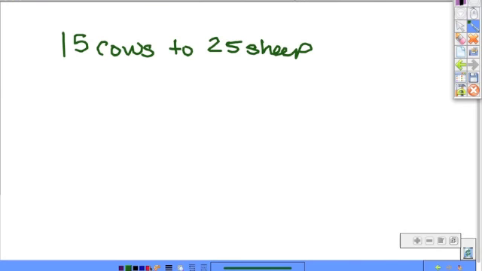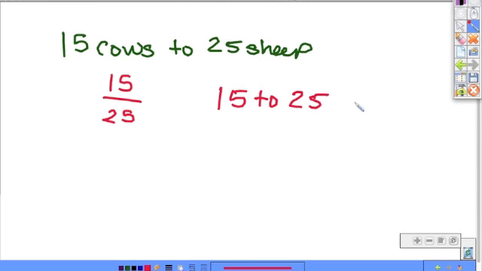Okay, now you're writing it in a fraction format, because I could put 15/25, but it's a ratio, so don't always think of it as a fraction, because then it's easy to not leave it in improper. Okay, you could also write it as 15 to 25, and a third way to write this is 15:25. There's 3 different ways to write a ratio.